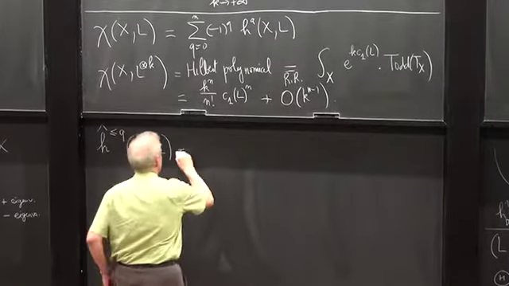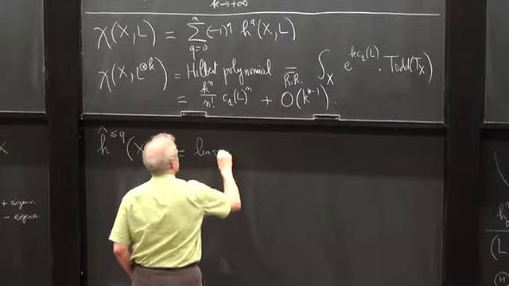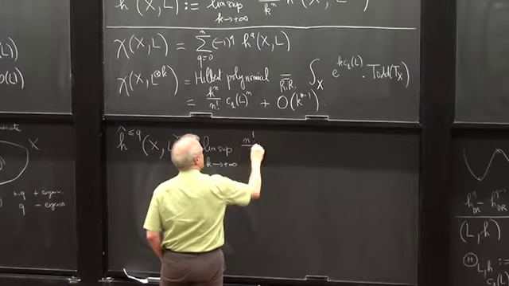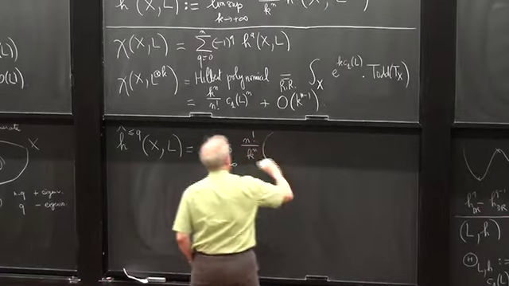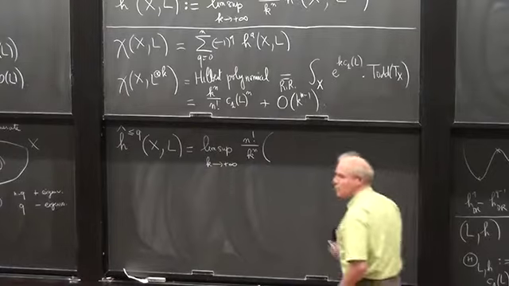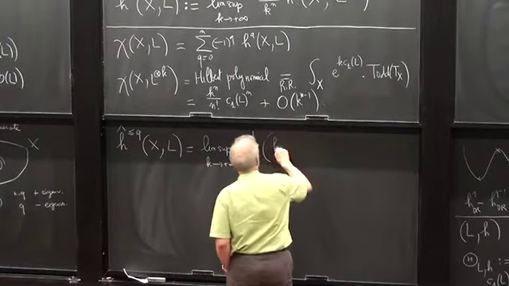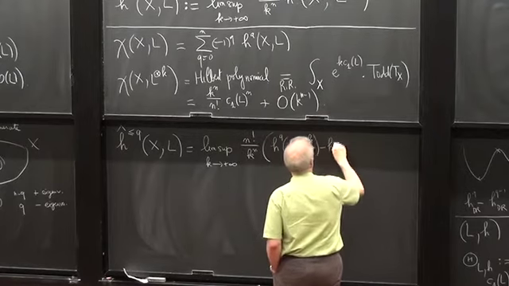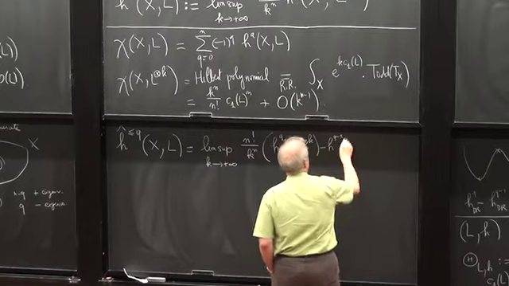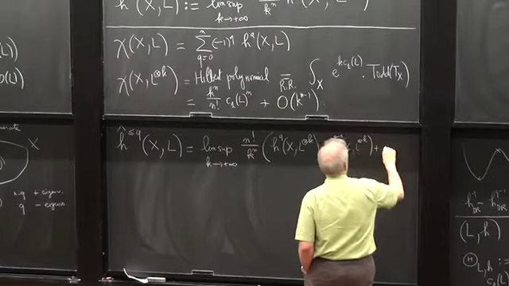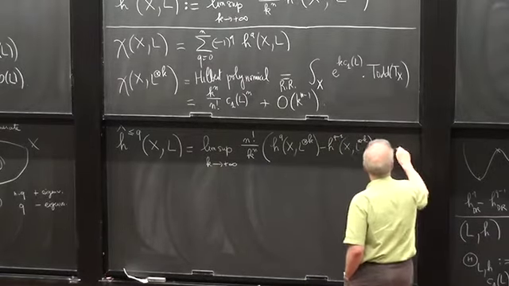But now you take the lim sup as k tends to infinity of n factorial over k to the n times the alternate sum of the Dolbeault d-bar cohomology groups, going down to H0.